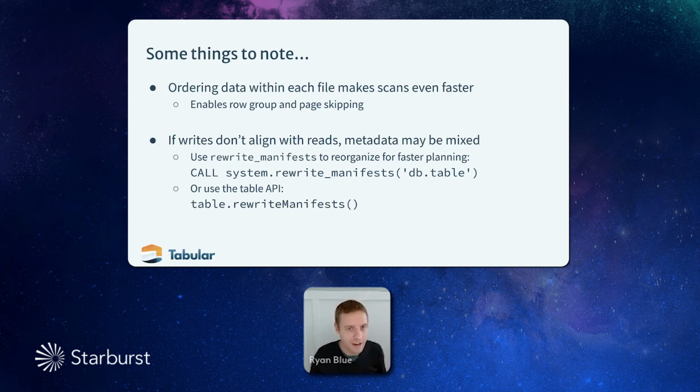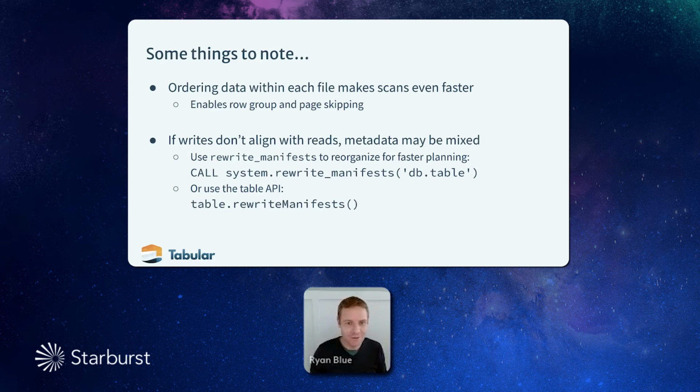Now, a couple of caveats to this. If you're ordering data across or within files, you can make those file scans even faster. So in our example, basically every data file had the span of IDs. But if we wrote multiple data files for each bucket, then we could have a range of, say, 0 to 500,000 and 500,001 to a million.